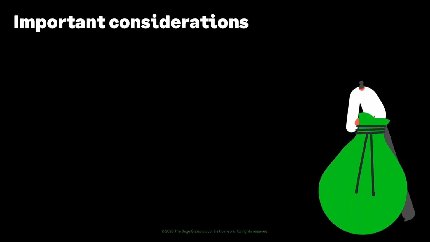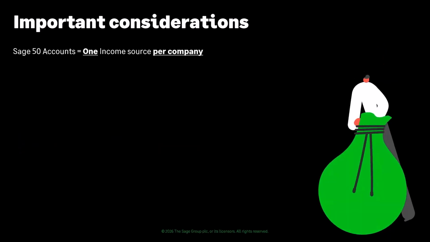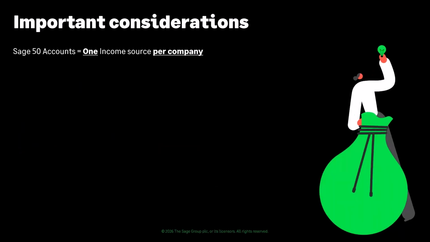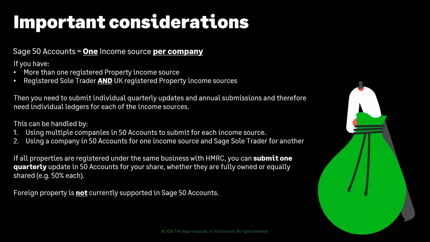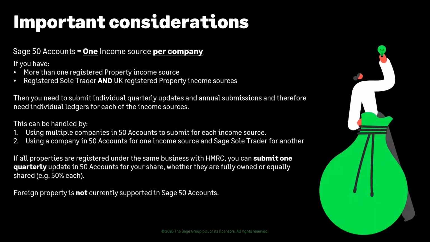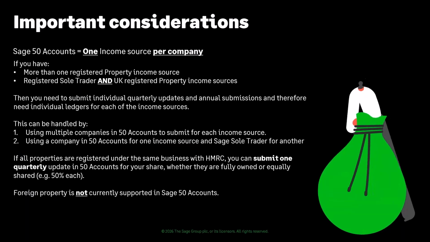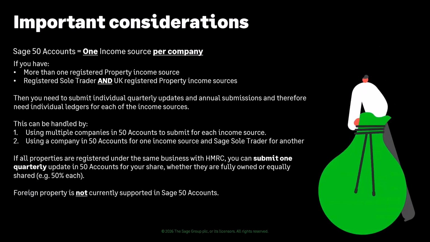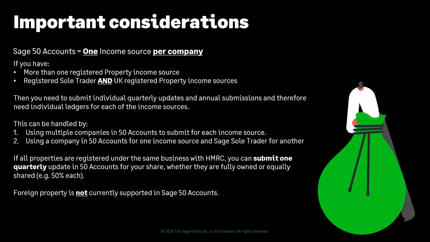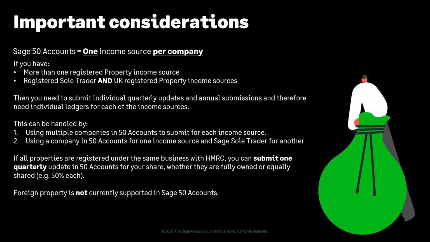Okay, so important considerations. Sage 50 accounts is one income source per company. If you have more than one registered property income source, or you are a registered sole trader and have a UK registered property income source as well, then you need to submit individual quarterly updates and annual submissions.